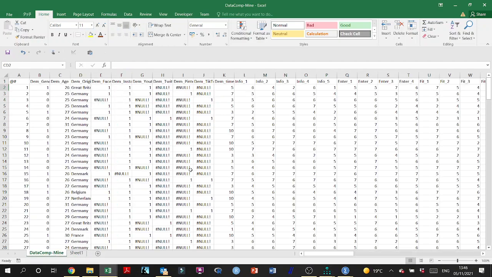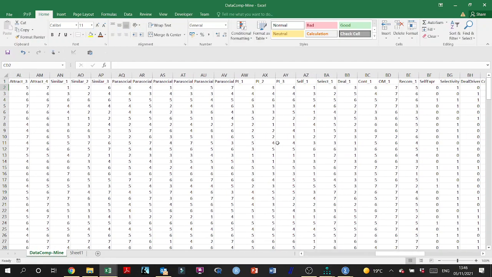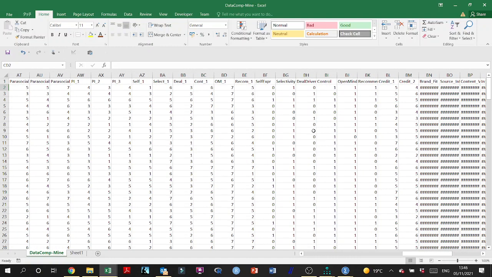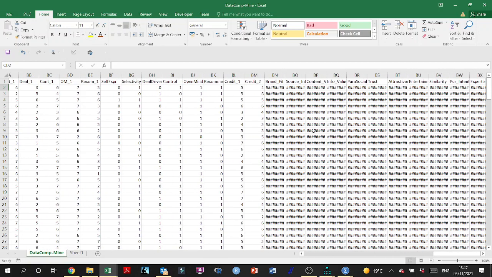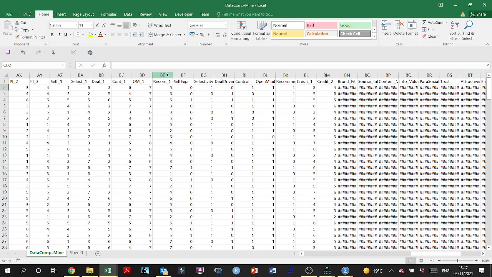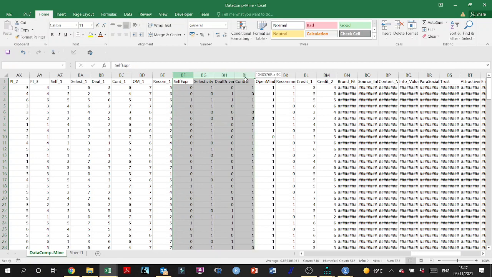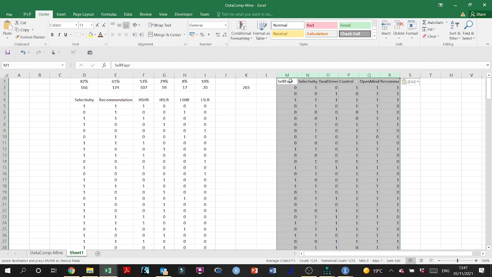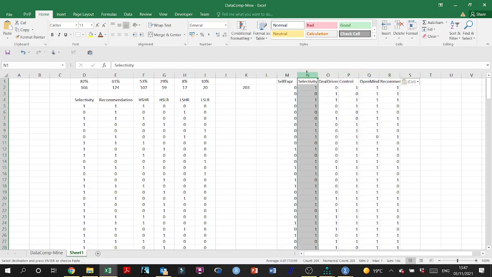It is also a very good practice in general, since this is the major question in the study, it does make sense that we take these in general. This, for example, we don't need selectivity, we already got it.